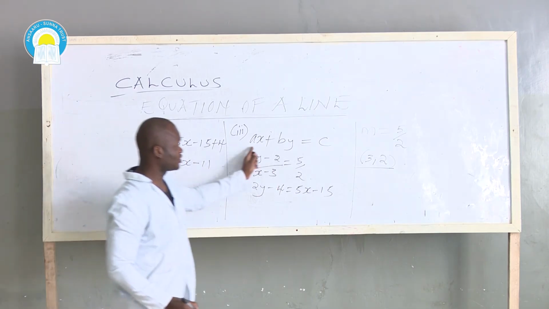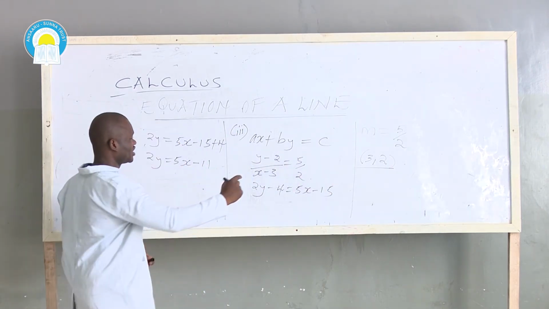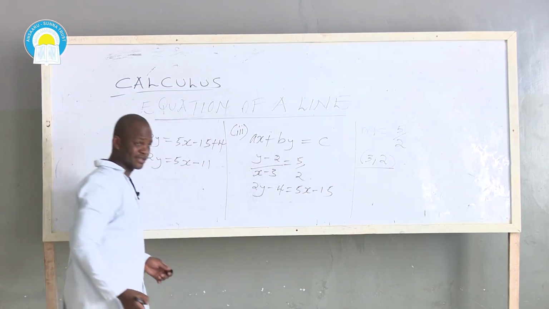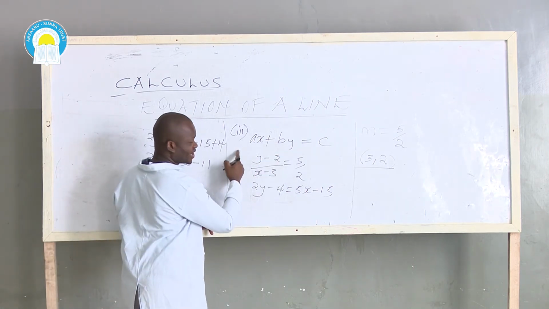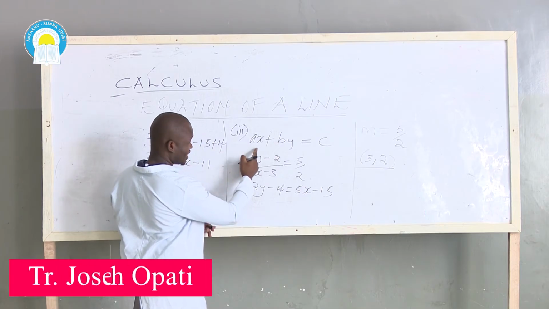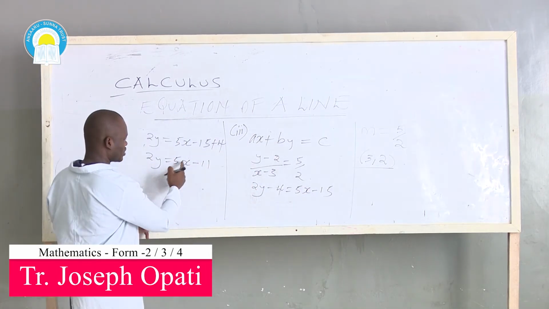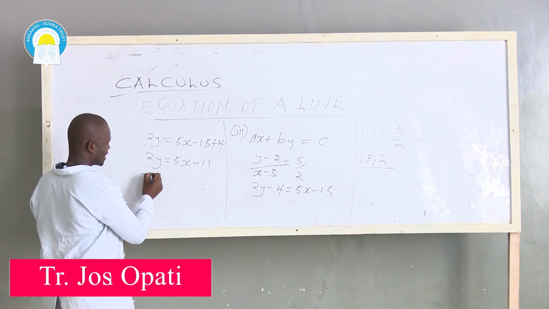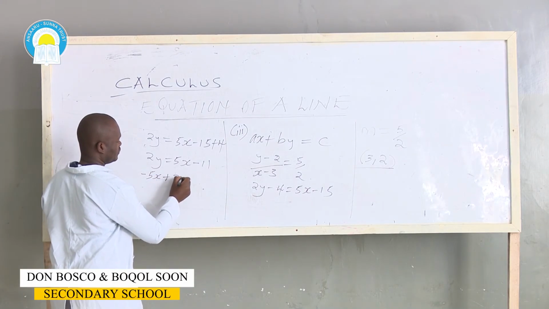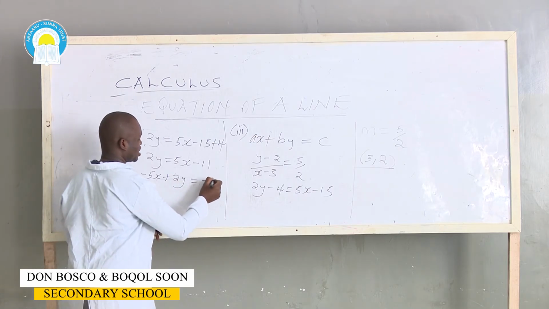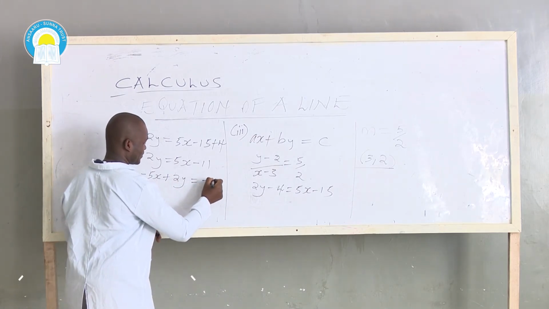But remember the condition, the constant must be on one side, on its own. Based on this arrangement, I should begin with what? The variable x. So this will cross to come to negative 5x plus 2y is equal to negative 11.